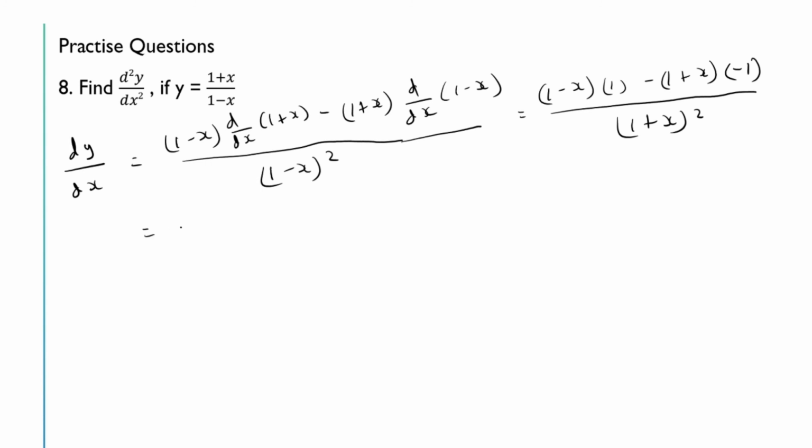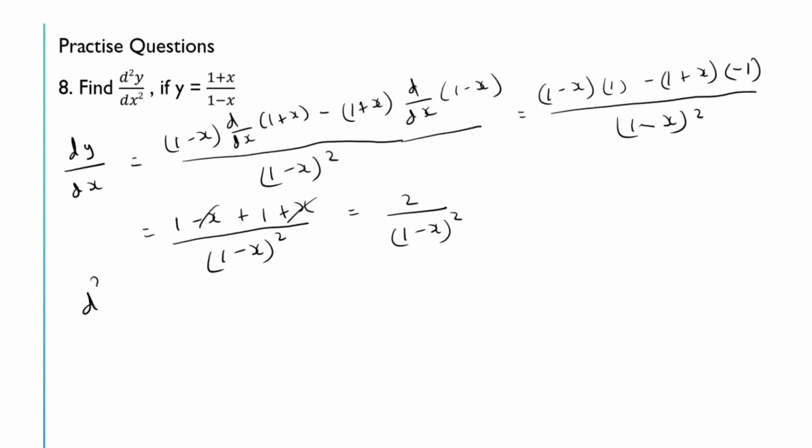So this is equal to (1 minus x plus 1 plus x) divided by (1 minus x) the whole square. So this is equal to 2 divided by (1 minus x) the whole square.